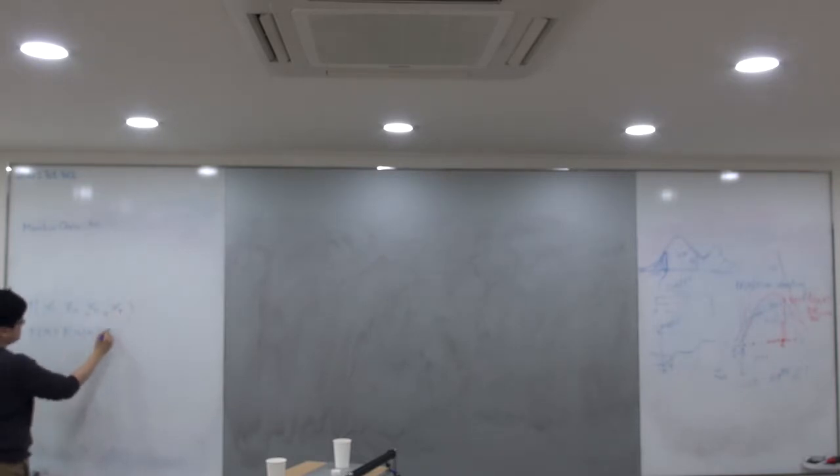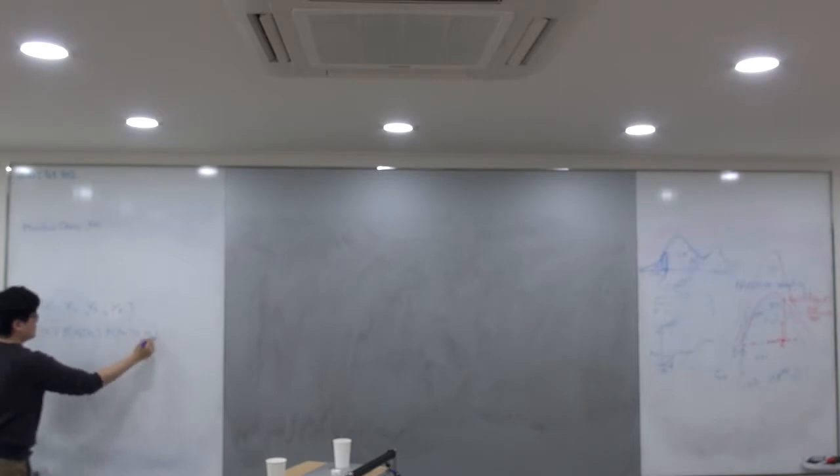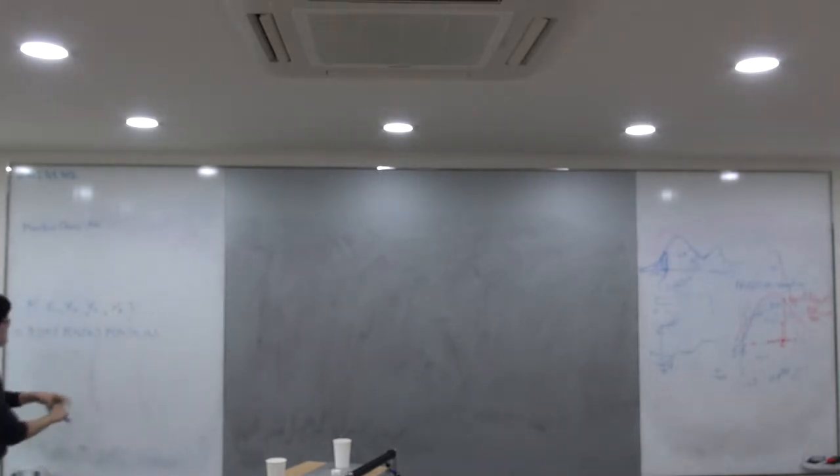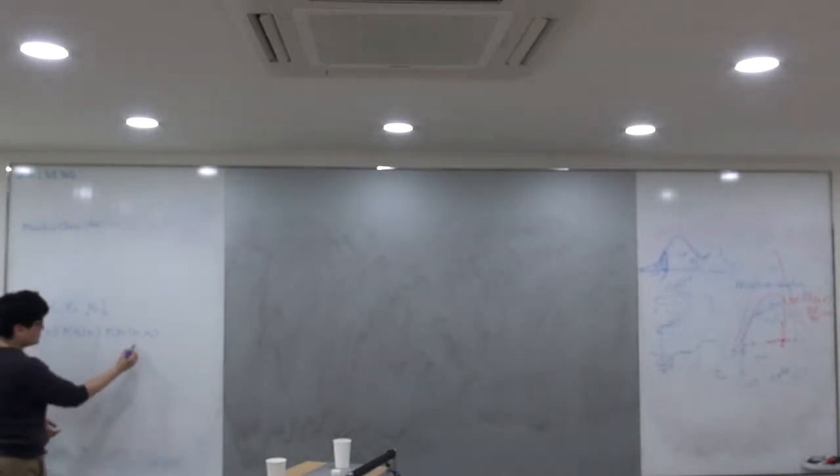x1, p of x3, x1, x2. Let's remove that. Right? But using the Markov assumption, you can delete this one.